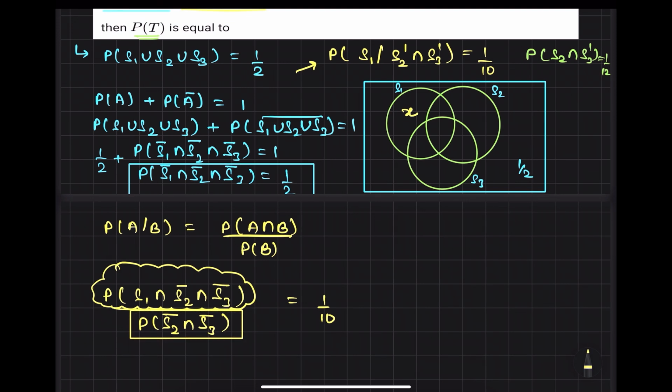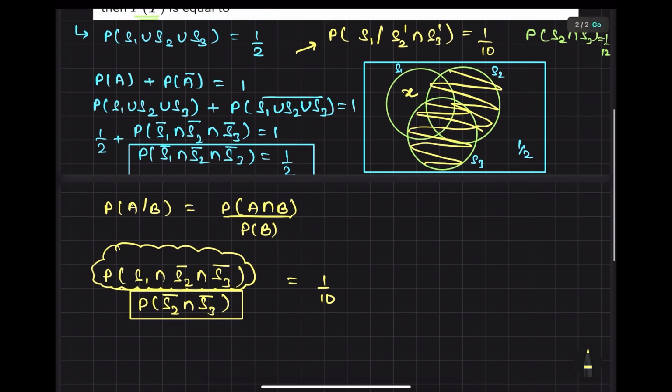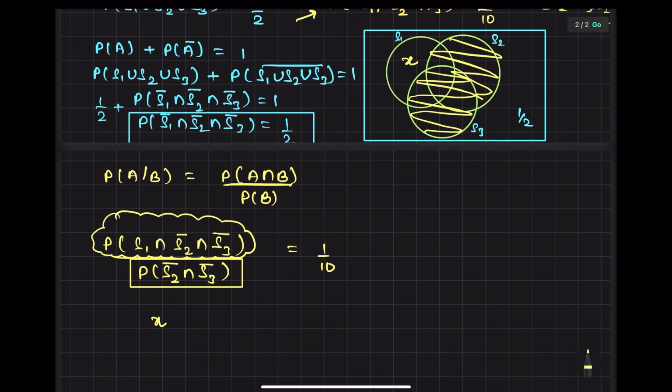It is neither S2 nor S3, means outside this room and this room. Correct or wrong? So we are left with X and 1 by 2. So can I go with X by X plus 1 by 2 equals 1 by 10? Is that okay? I hope till this part you guys are comfortable.